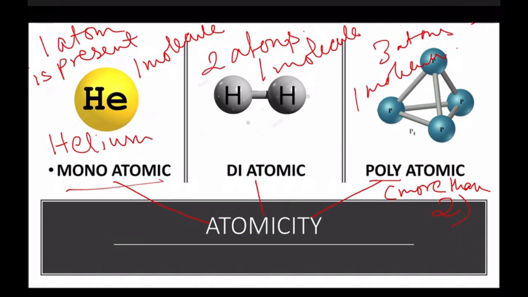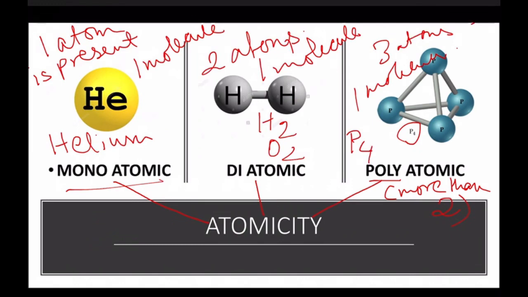And diatomic example is hydrogen, H2, oxygen, O2. So two atoms of hydrogen are present in one molecule of hydrogen. Two atoms of oxygen are present in one molecule of oxygen. And polyatomic example is phosphorus, P4.